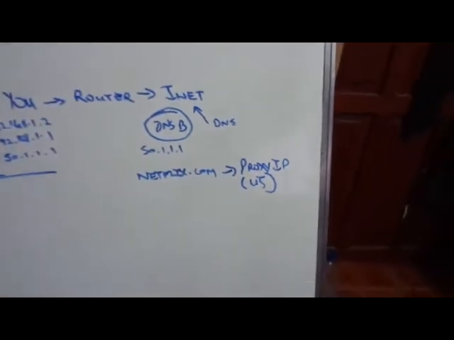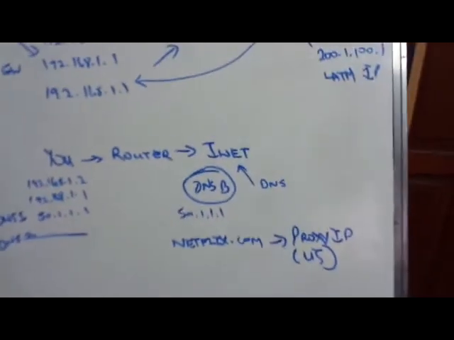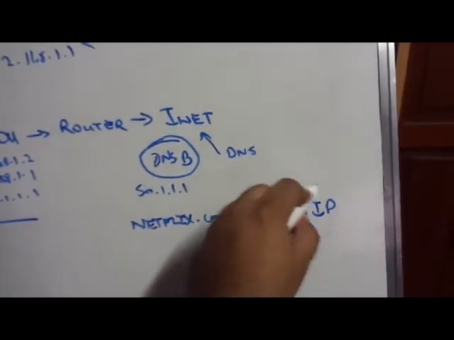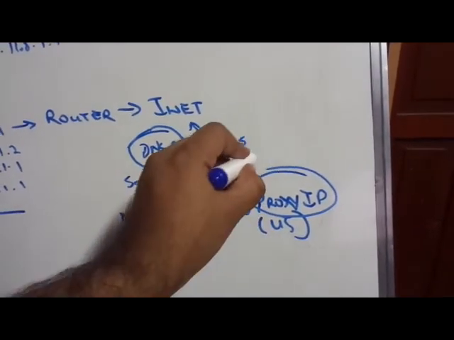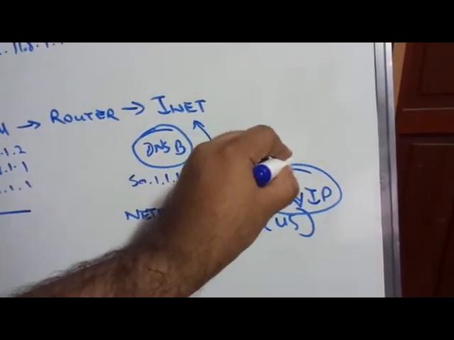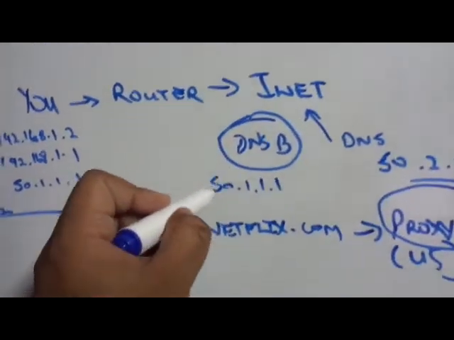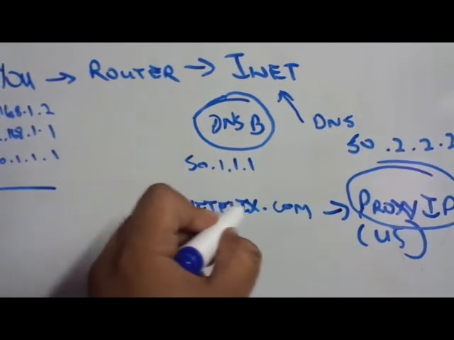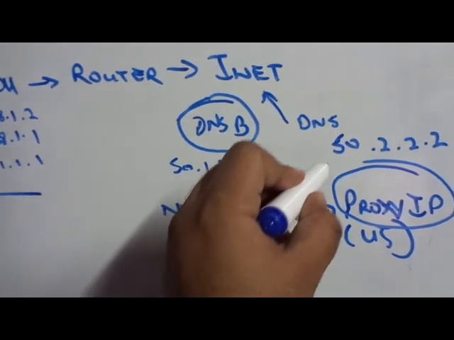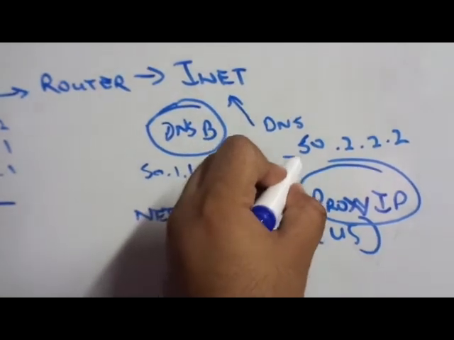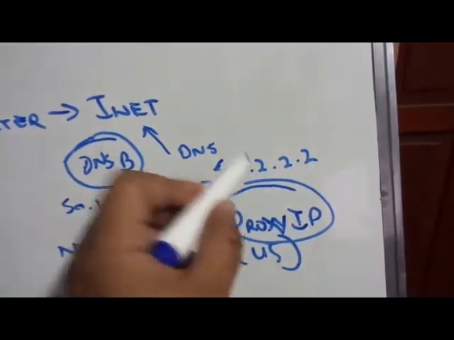As I say, it gets a little bit complicated, but essentially you now have to have a proxy server. Let's say your proxy server is 50.2.2.2. So essentially your DNS record would be a record netflix.com, and the A record would point to your proxy, which is 50.2.2.2, and this server has to be in the US.